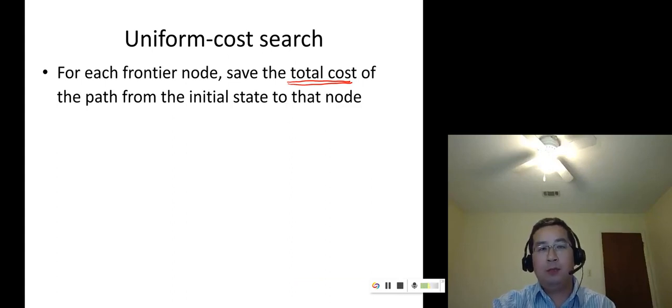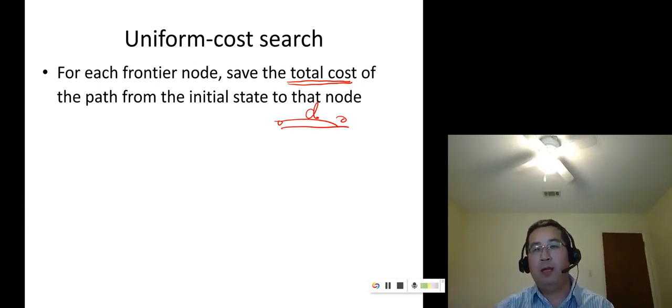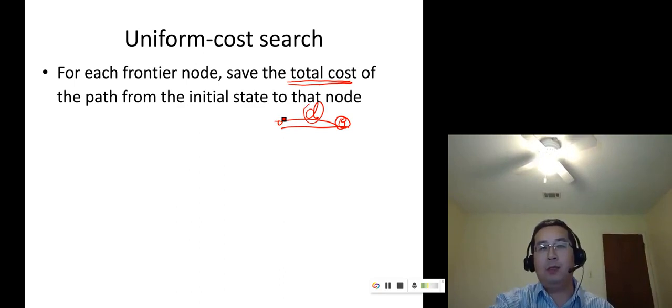That means from the start node till the current node, what is the distance you have traveled so far? Each time we just update this one. If we visit this node again, we compare with the previously recorded cost to see whether you found a shorter path to reach here.